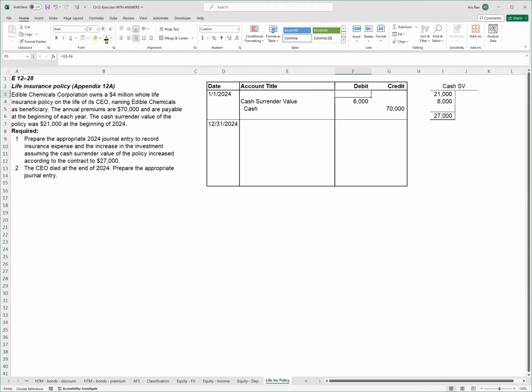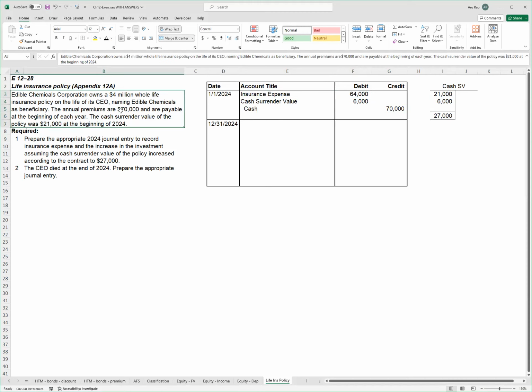So I have this balance of 64,000 and that is the expense. When the company pays 70,000, not all 70,000 is an expense because I have 6,000 in cash surrender value, the asset that has grown. So the expense is only 64,000, which is a balancing figure.